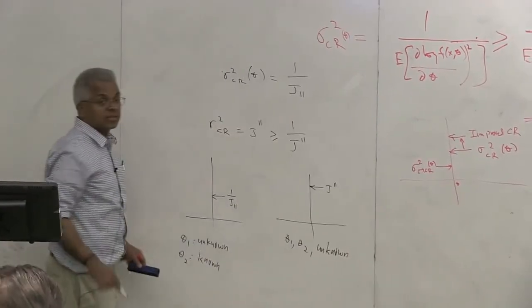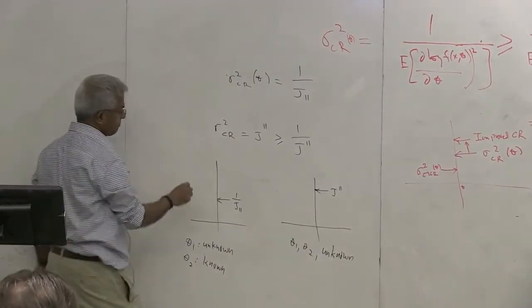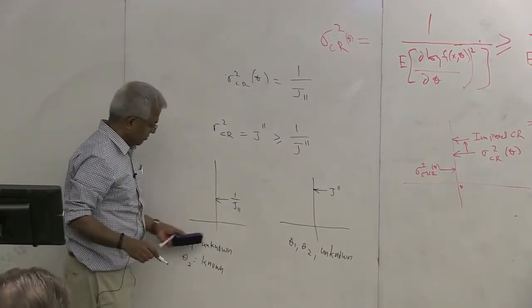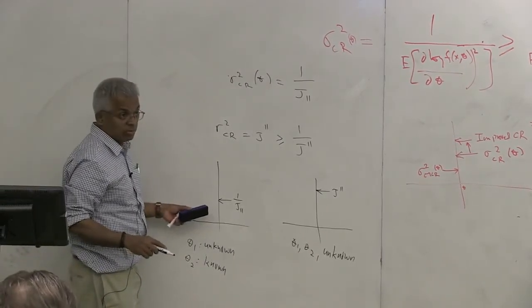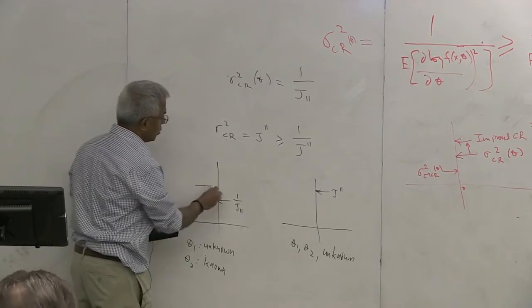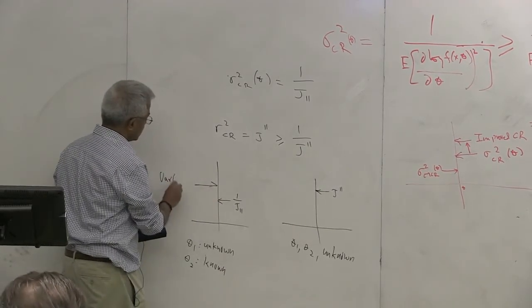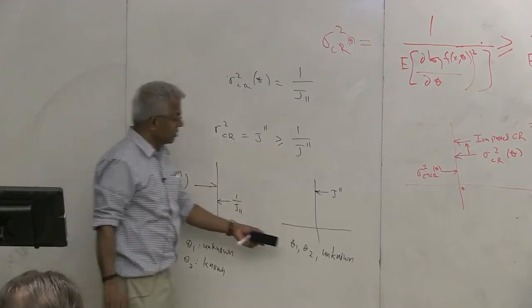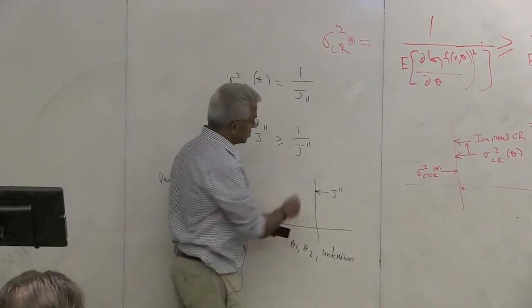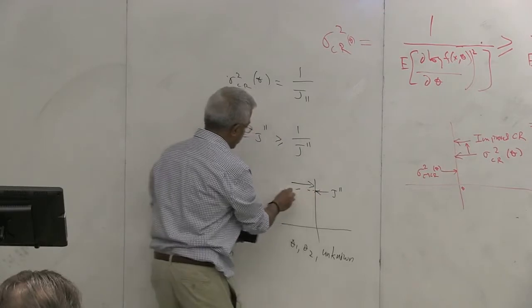Okay, what it says is that if theta 1 is unknown and theta 2 is known, whatever you do, the variance of your estimator can only go up to here. In this case, the variance can only go up to here.